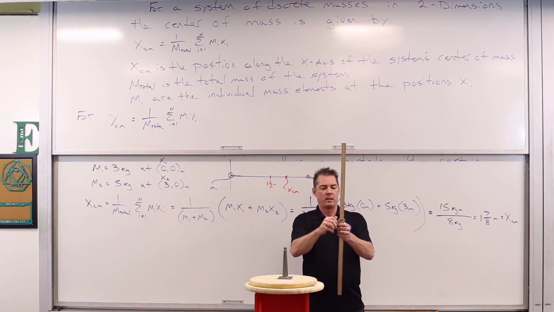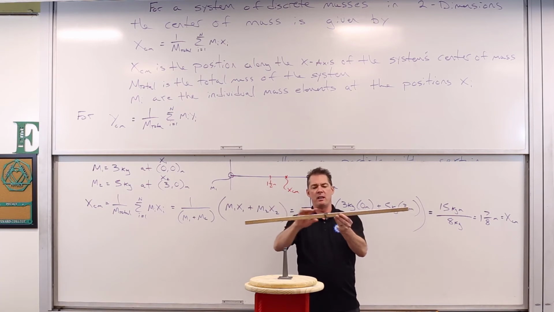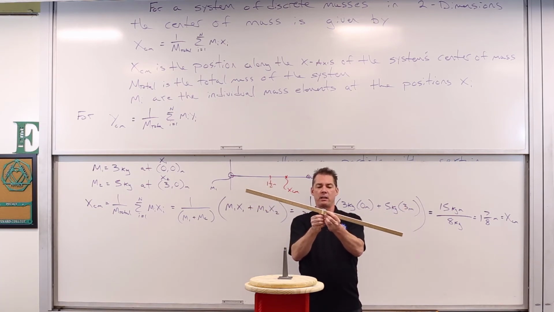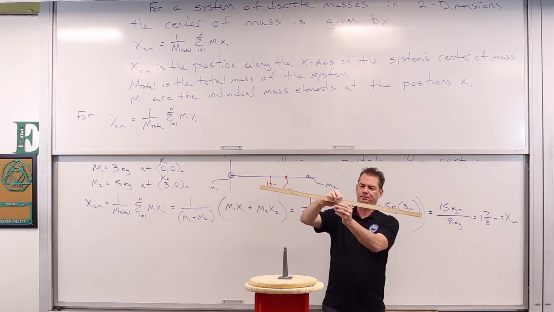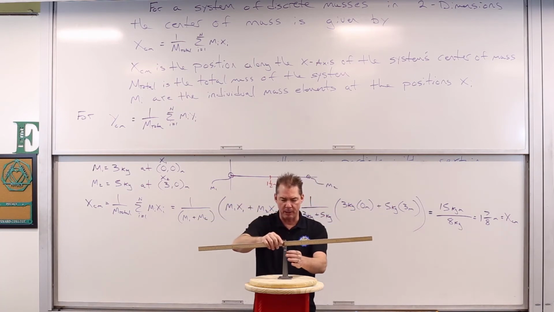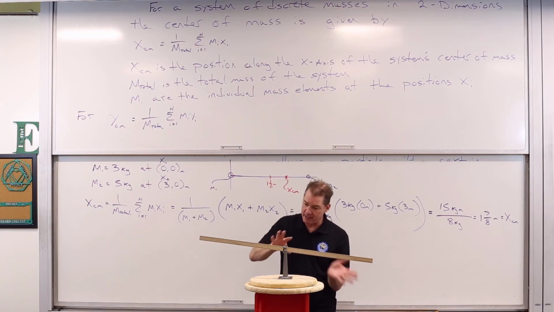So this meter stick, pretty nice continuous mass distribution, may not be completely uniform, but it's pretty close. So I'm going to put this little pivot point at the geometric center of this at the 50 centimeter mark. I can put it in here, and if I can get it at its center of mass, it'll stay balanced.